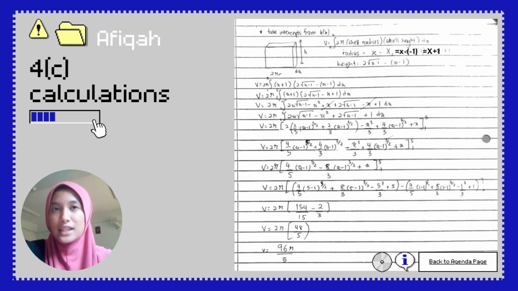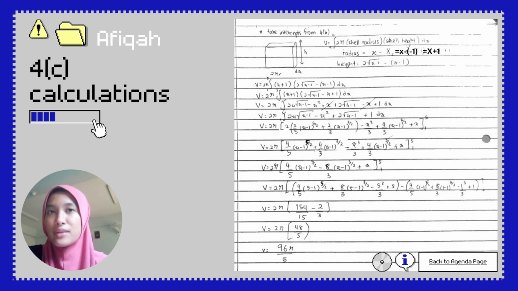And then the next step is V equals 2 pi times (2 times (2 over 5 (x minus 1) to the power of 5 over 2 plus 2 over 3 (x minus 1) to the power of 3 over 2), minus x cubed over 3 plus 4 over 3 times (x minus 1) to the power of 3 over 2 plus x), integrated from 1 to 5.